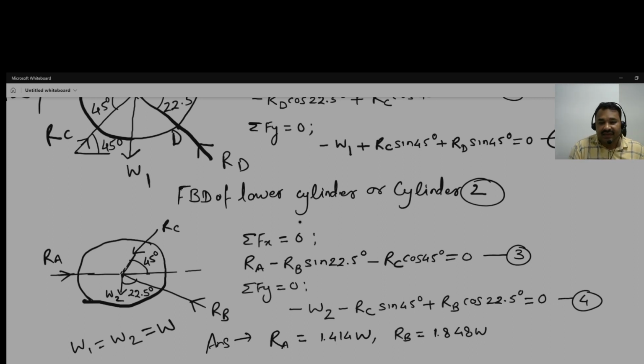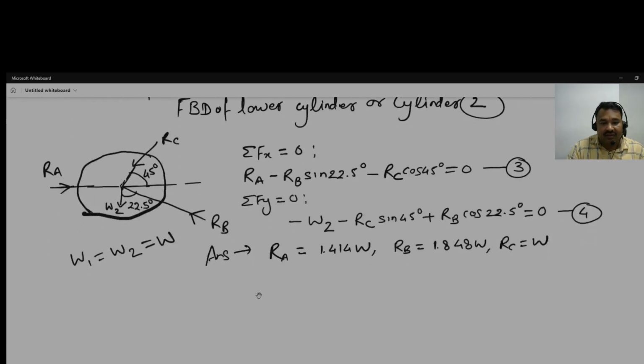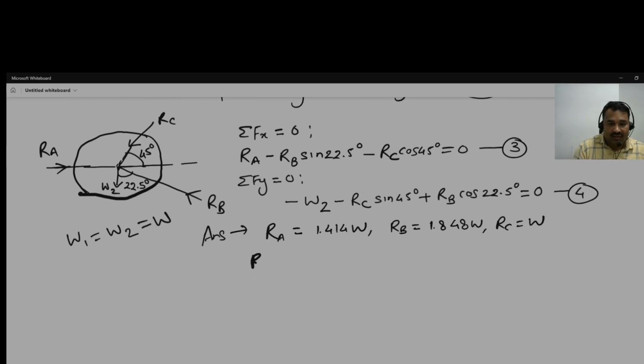Okay, that's why reactions are coming in terms of W. Okay, and RC is equal to W, RD is equal to 0.765 W.